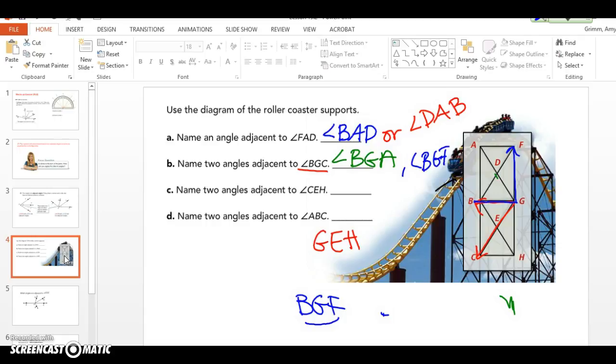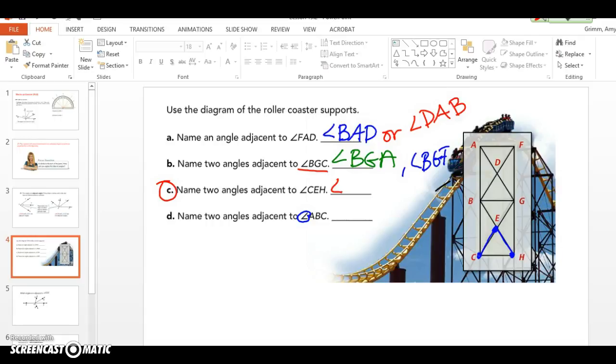Go ahead and do number or letter C by yourself, and let's make sure you get the right answer. The second one would be CBH. You had two on C to do.